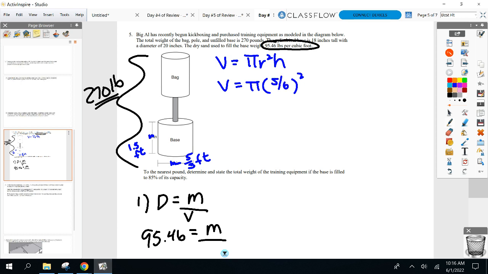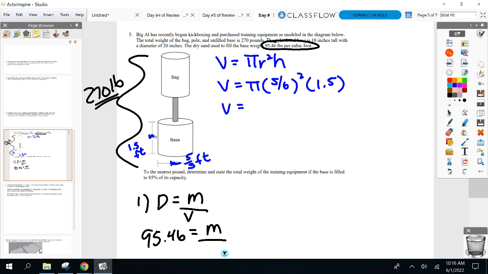Times the height, which is your 1.5. Everyone's all right? Write it all out.